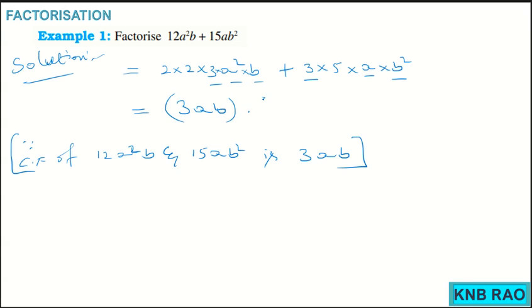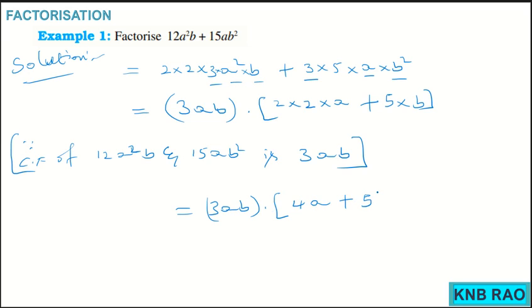Now I am left with 2 into 2 into a, that is 4a, plus, in the second term, I am left with 5 and b. So the factorization of the given algebraic expression 12a square b plus 15ab square is 3ab into (4a plus 5b).